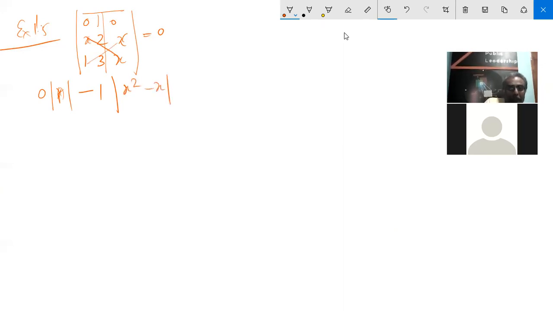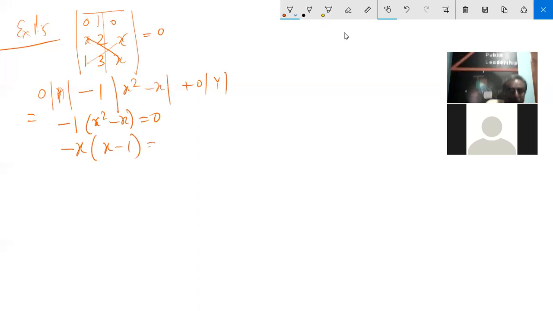Then again 0 matrix plus 0 into something, so we do not calculate. The sum comes down to minus 1 into x squared minus x, that is equal to 0. Then take x outside: x into x minus 1 is equal to 0.